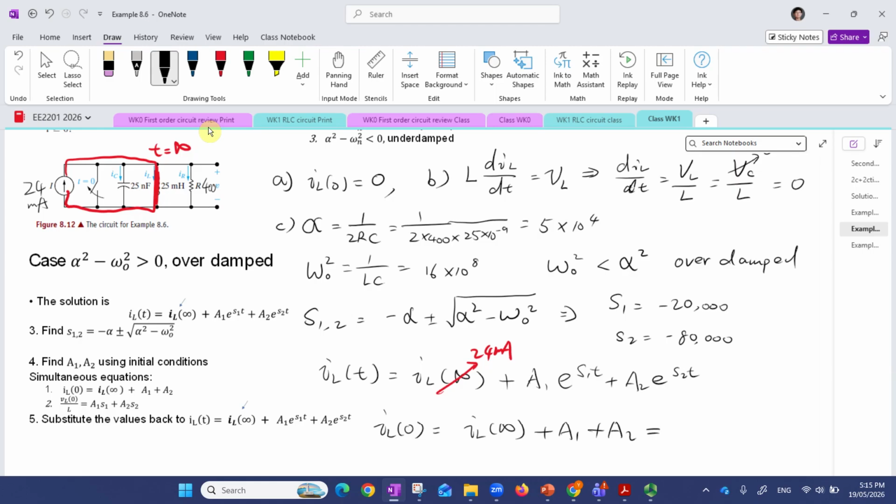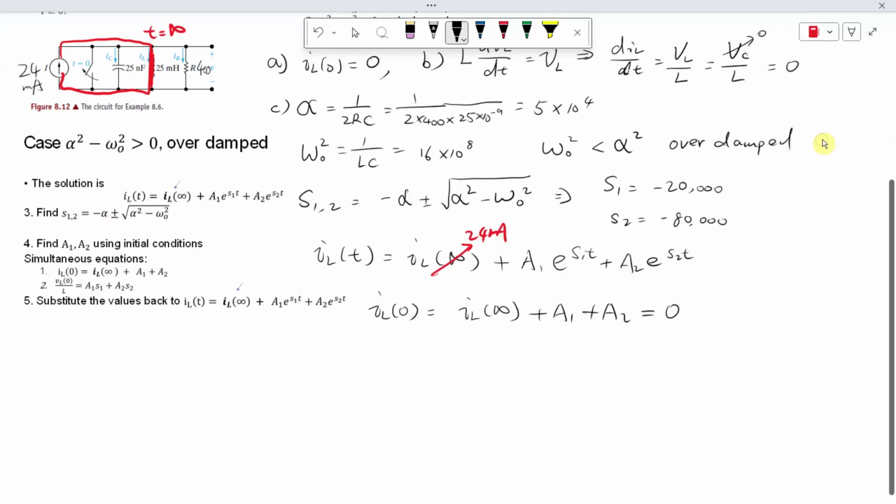So if we plug numbers in, 24 milliamp plus A1 plus A2 equals 0.